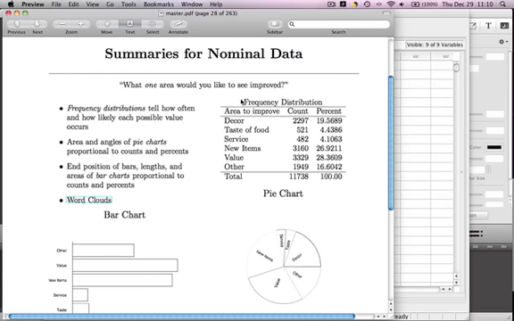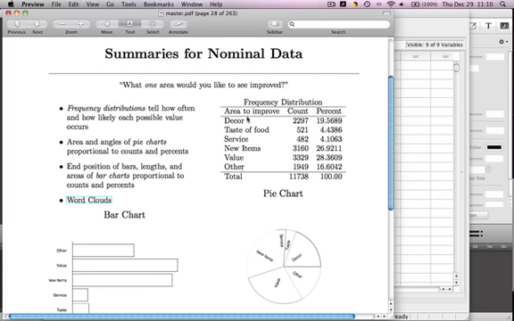Well, the most basic way to summarize a nominal level variable or categorical variable is with a frequency distribution. I like to say that everything starts with a frequency distribution. So a frequency distribution simply shows all possible values that that variable can take. So you'll see the 6 possible values here.